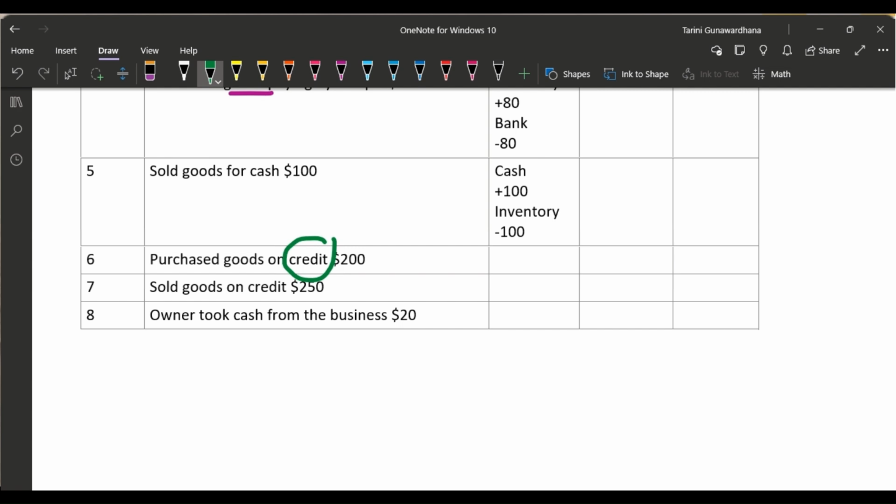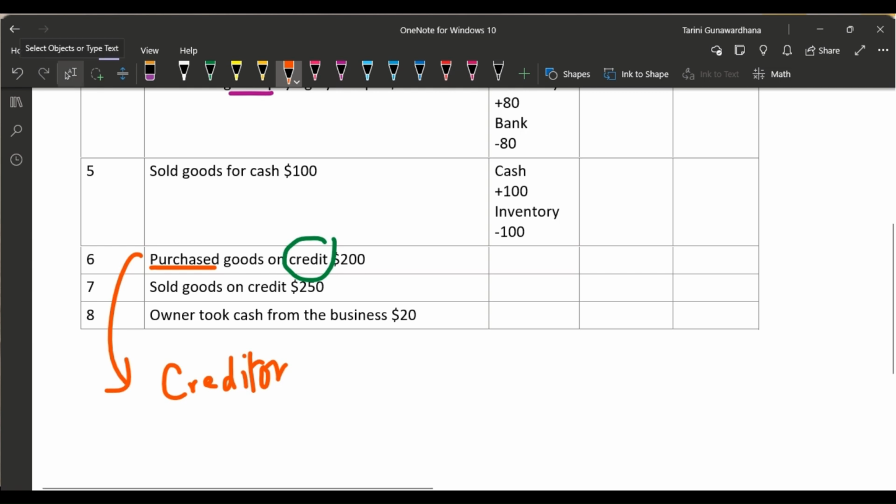So it's a creditor who's involved here, right? Because it's a purchase, it's a creditor. So it's a liability now, right?